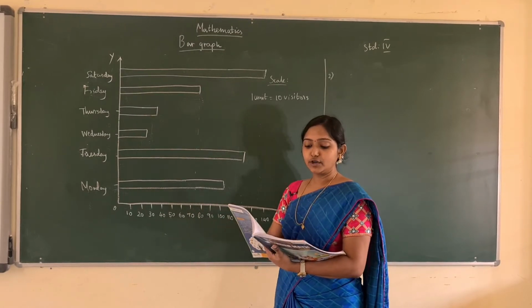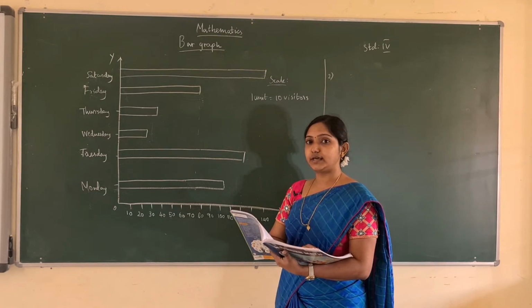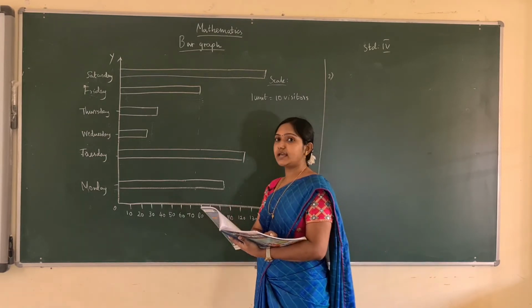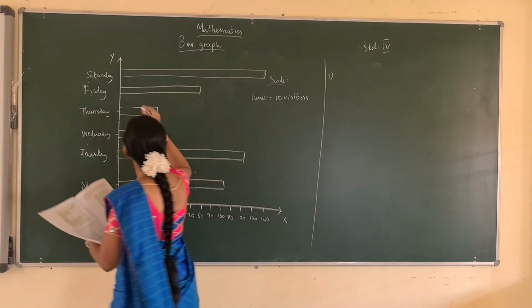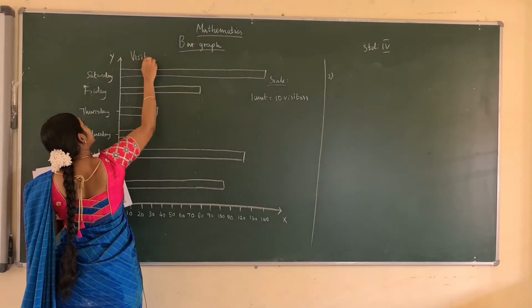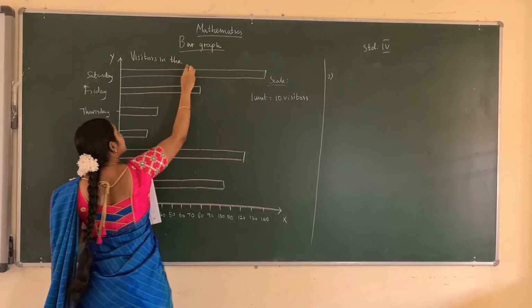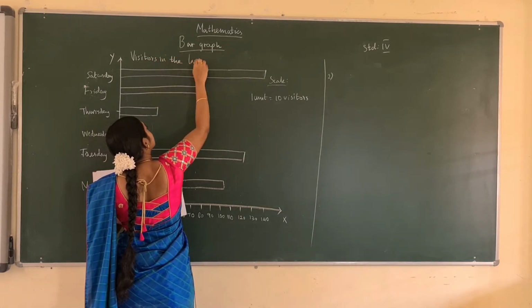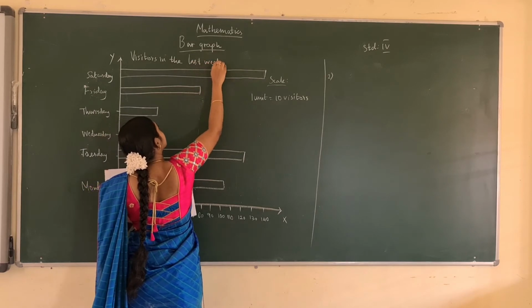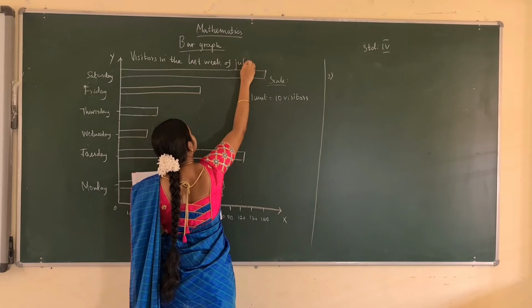So I am going to give the title Visitors in the Last Week of July. If you wish, you can give any other title, but I am going to give this title.